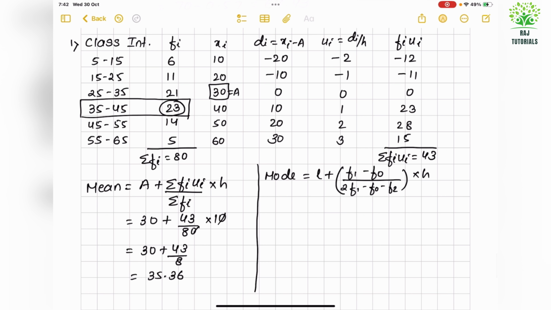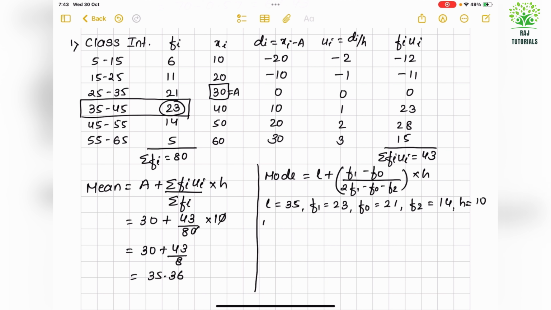So here L will be the lower limit of the modal class, so that is 35. f1 will be the value at which I have found the maximum repeating value, so 23. f0 will be the value above that value, so 21, and f2 will be the lower value, so 14, and h is the class length, so 10.